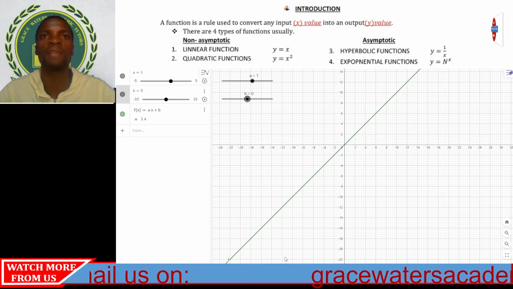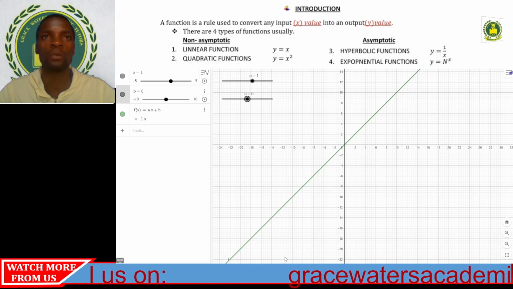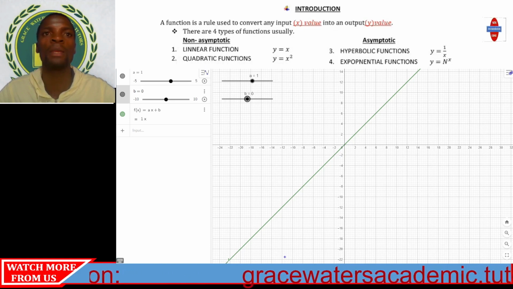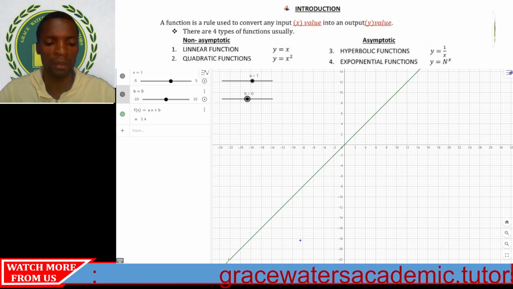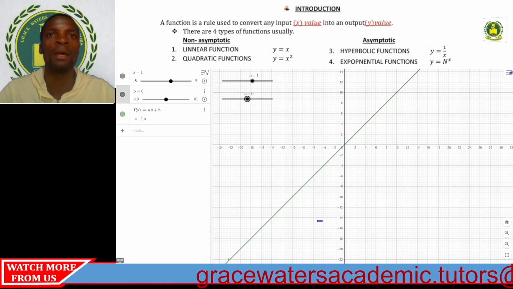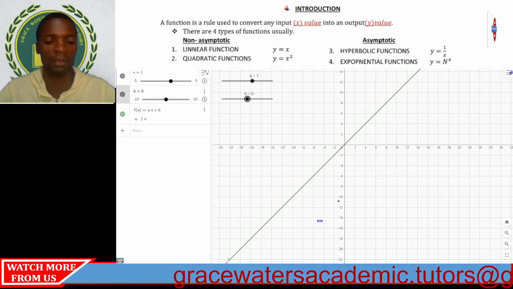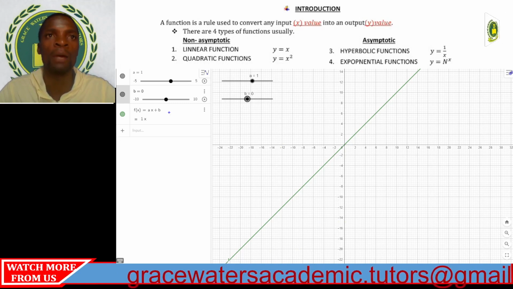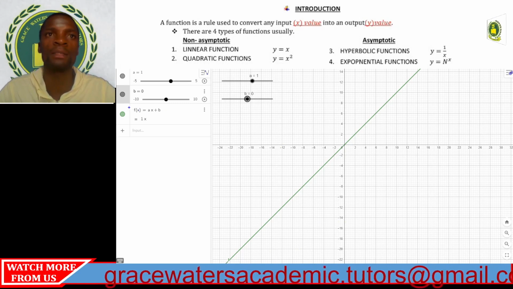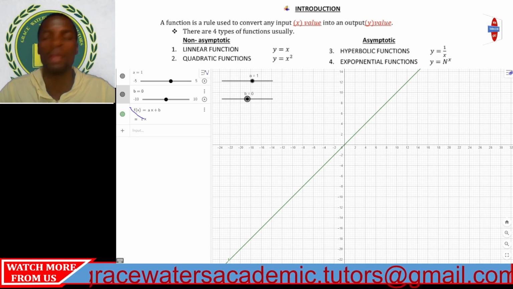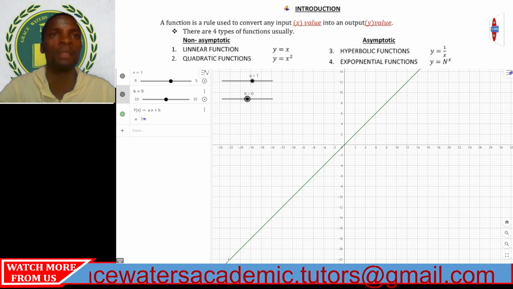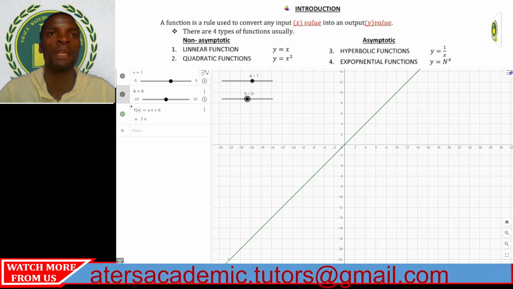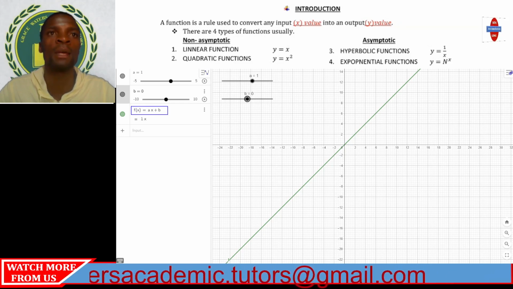Okay, as I have said here, guys, I just want to show you something. Let me just do this. So we have got our graph here, and what is the function of the graph? This is what you call f of x equals ax plus b.